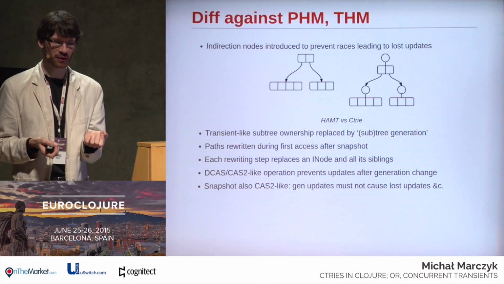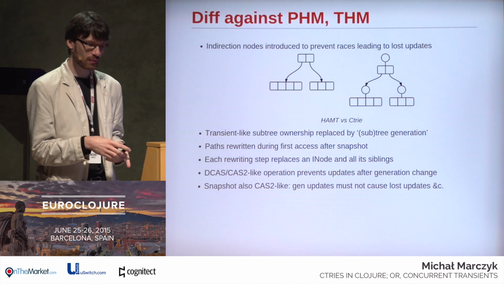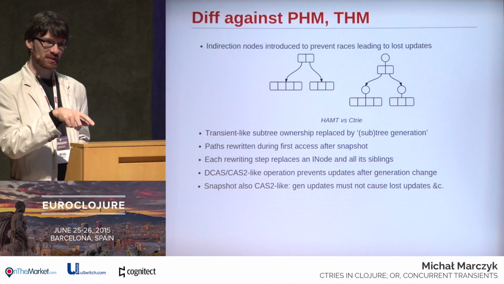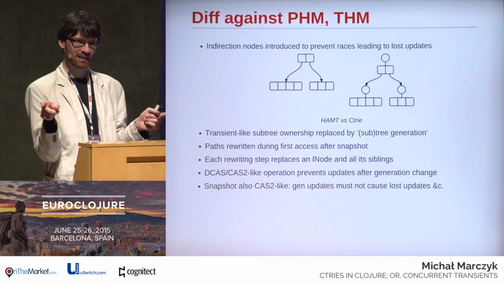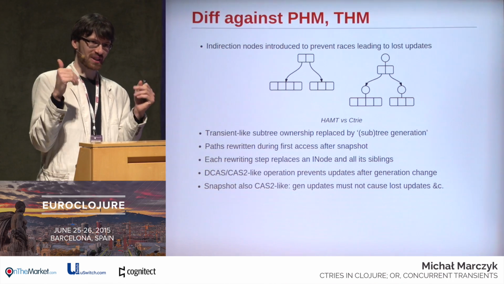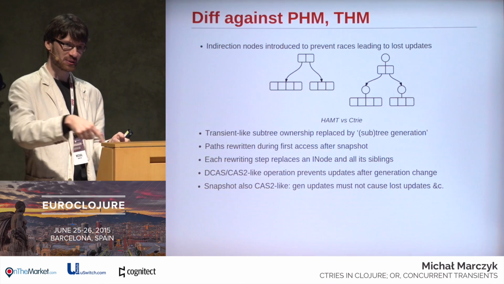With indirection nodes, this cannot happen because we never need to replace a child of a multi-way node. Any multi-way node is guaranteed to have only inodes, indirection nodes, as children.